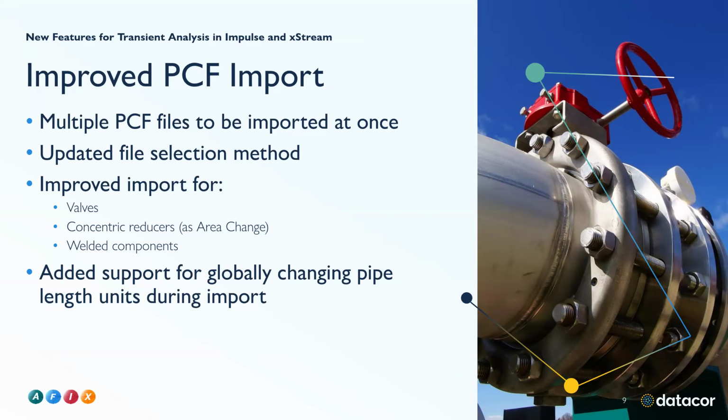The concentric reducers now convert to area change junctions more reliably and more accurately. And any welded components in the PCF file will now import with zero length connectors connecting them at the welds. We've also added the ability to set pipe length units globally during import. This makes it easier to work consistently across your project.